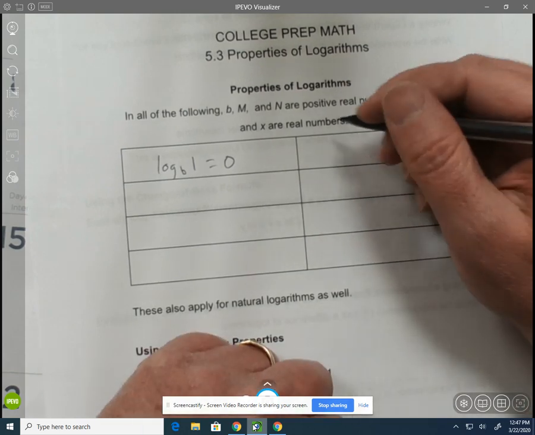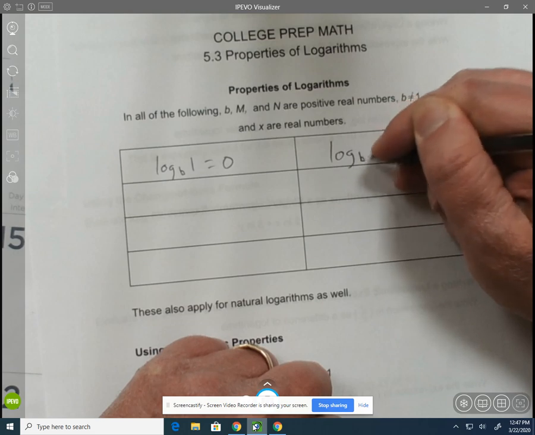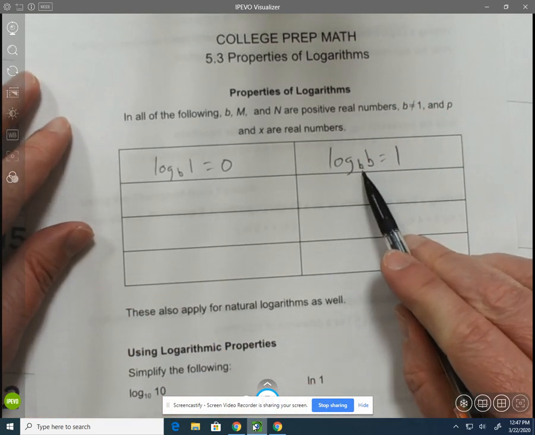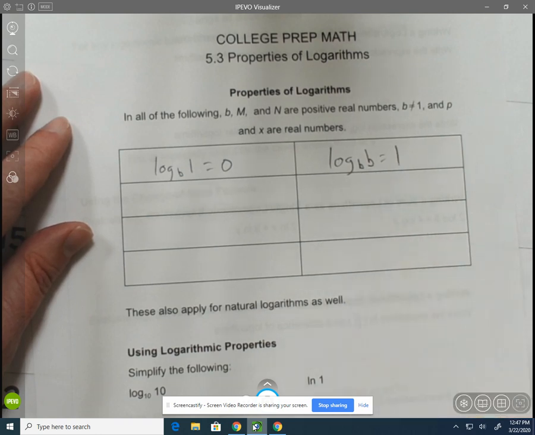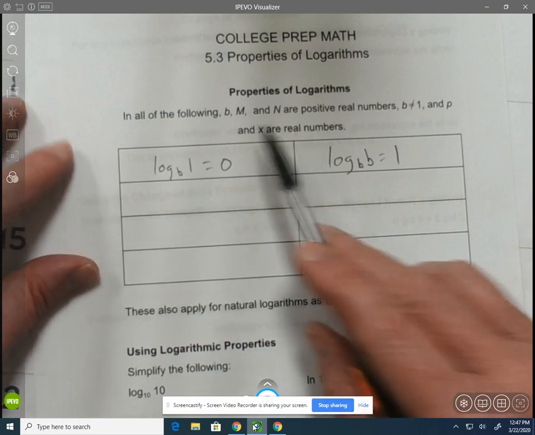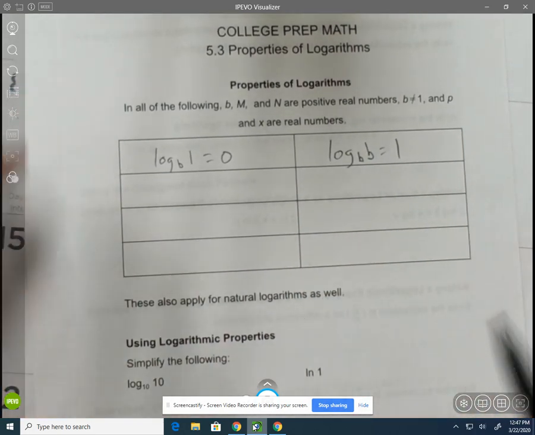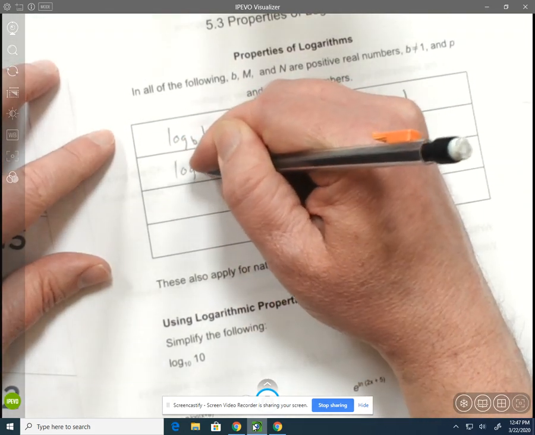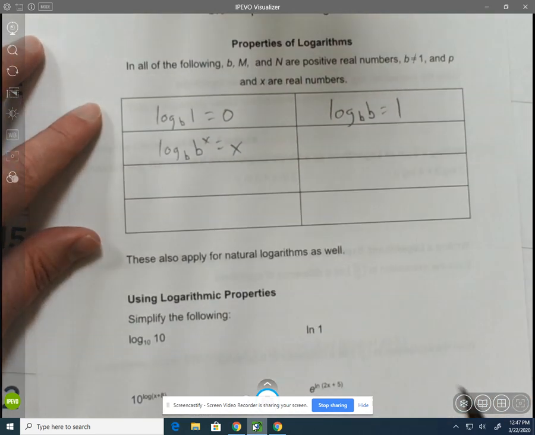Okay. And then kind of along those lines, but not really, log base b of b will always equal 1. Again, think about switching this over. That simply says b to the first power is always b, regardless of what b is, again for b being a positive number. And now along those lines, log base b of b to the x power will always be x.